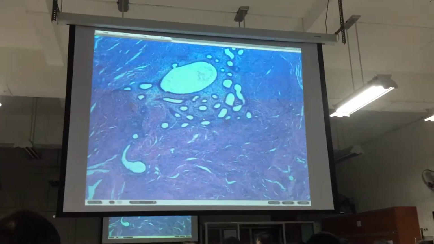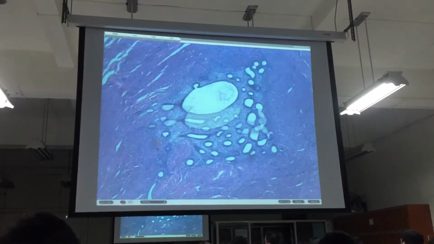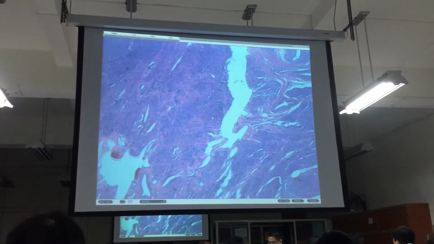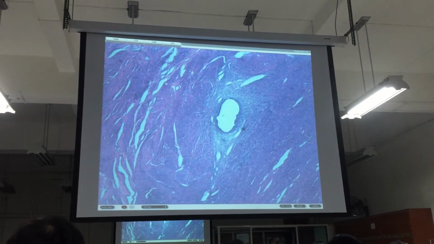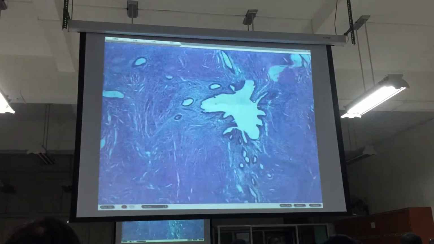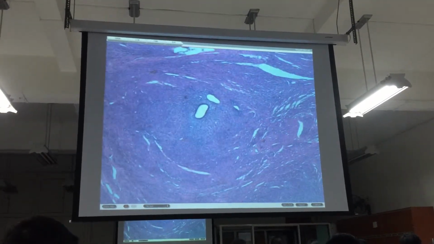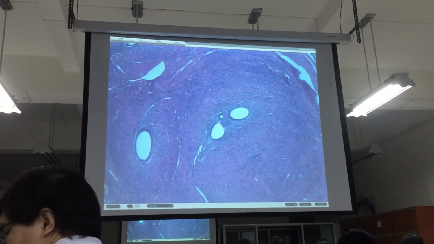Let's look at it in scanning magnification. This is one adenomyosis, another one, this is a gland plus another one. Another one, this is adenomyosis.